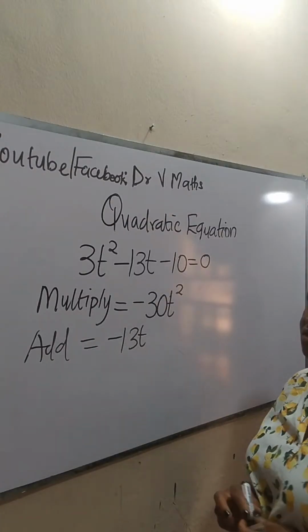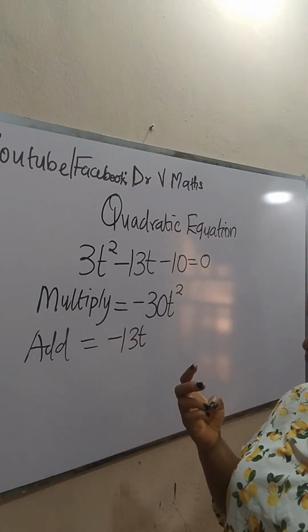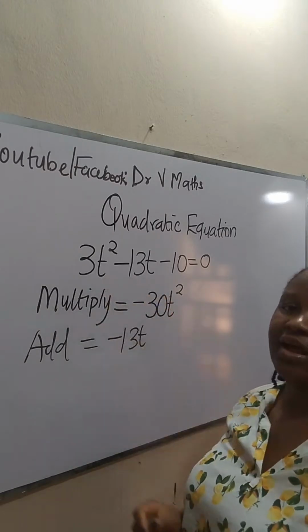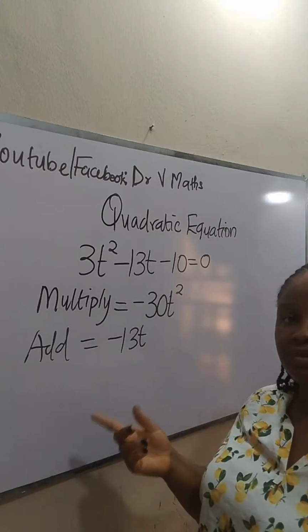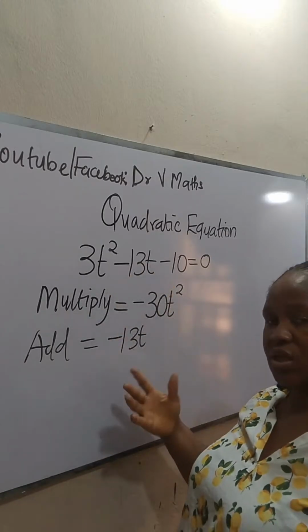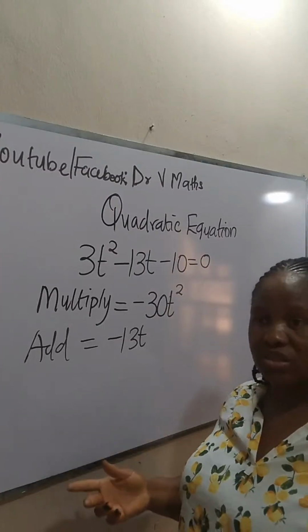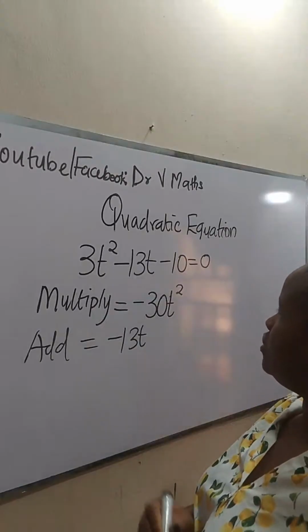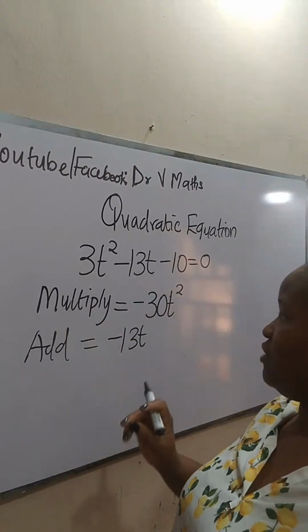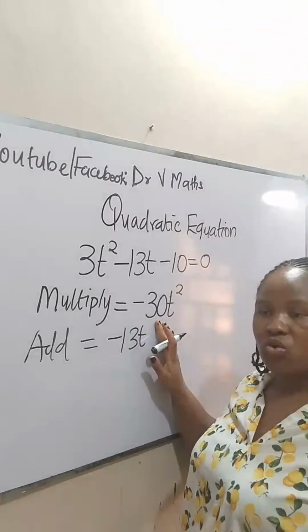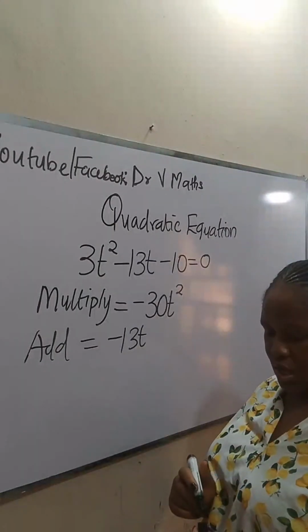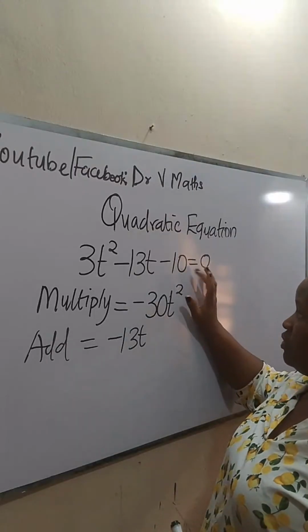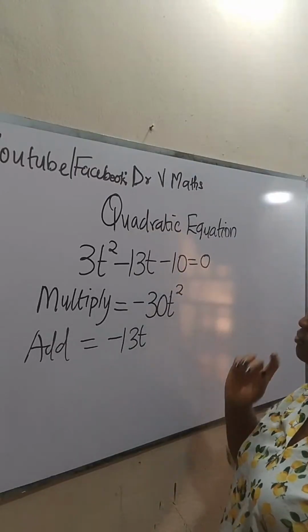All right. So I want to use this example where the coefficient of the t squared is greater than 1, so that you see how to solve it. Okay, so having shown that, we are looking for two numbers. When we multiply them, we get minus 30t squared. When we add, we get minus 13t. And I told you guys that you are going to start considering from 30.